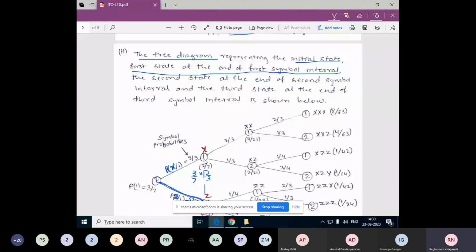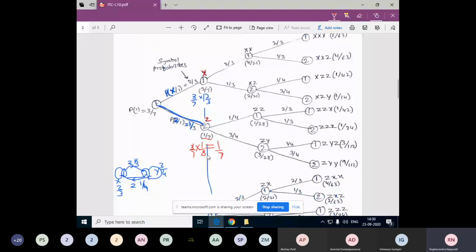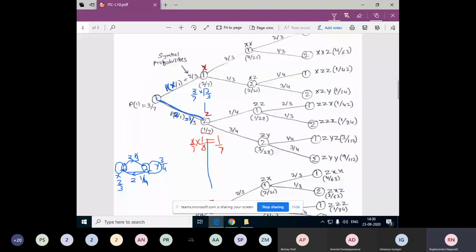So let's go to the second state. Right now we are in state 1. We have transitions again from state 1. There are only two transitions from state 1 and two transitions from state 2. For 1, we have the transition 1 to 1 and from 1 to 2.